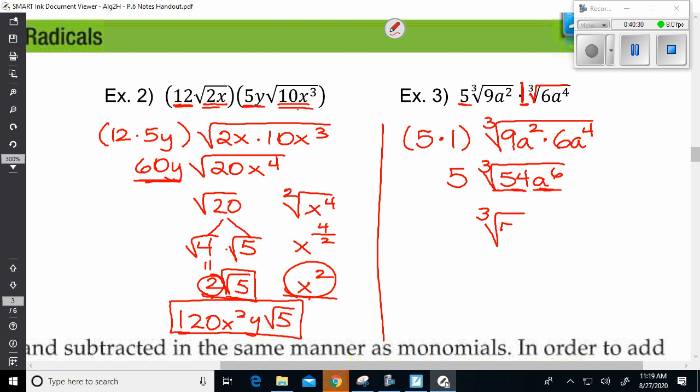So cube root 54. 54 is not perfect. So we need 2 numbers that multiply to 54, but one of them has to be a perfect cube. Of your perfect cubes, the only ones that will work are 27 and 2. Again, you're using perfect cubes, not the perfect square chart.